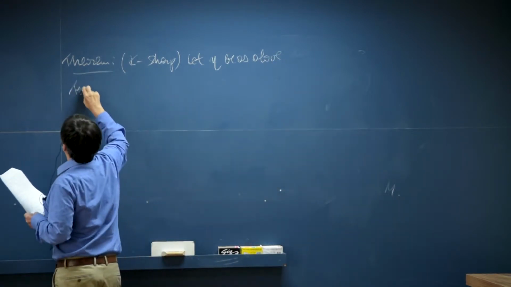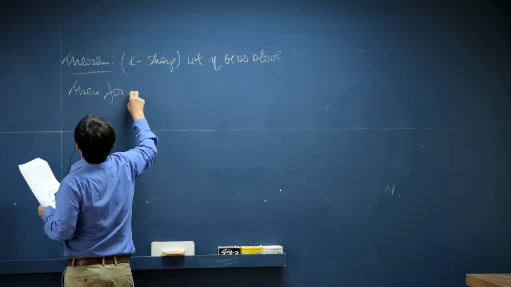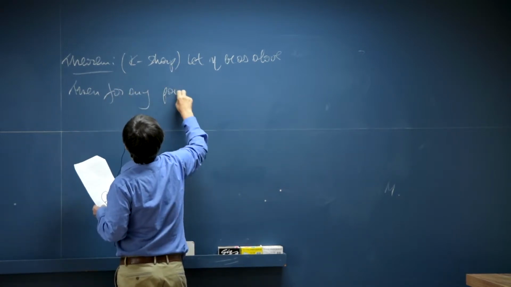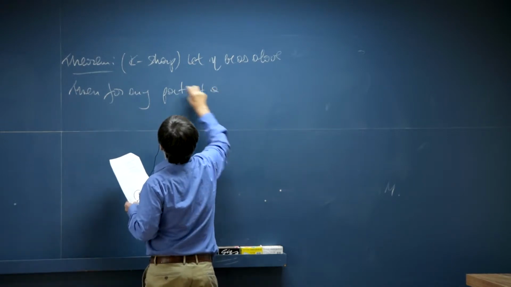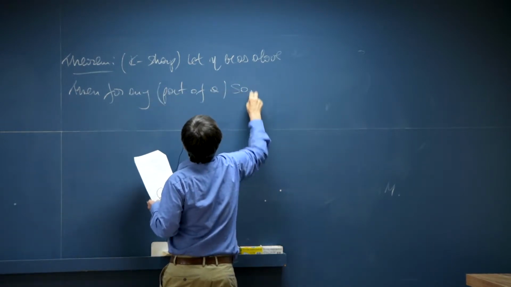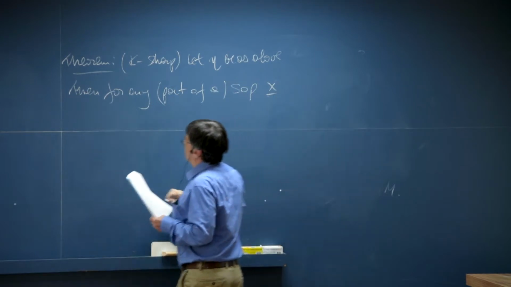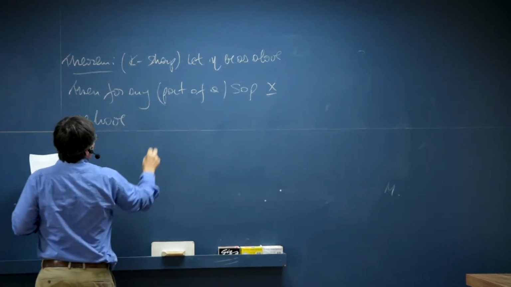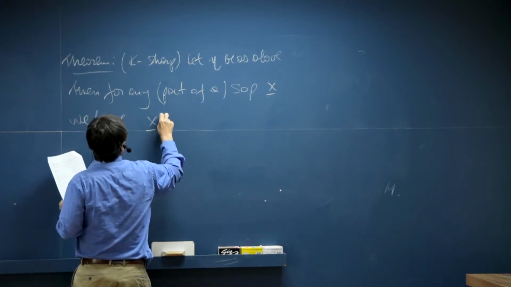Then for any system of parameters, any part of a system of parameters, we have the Frobenius closure.